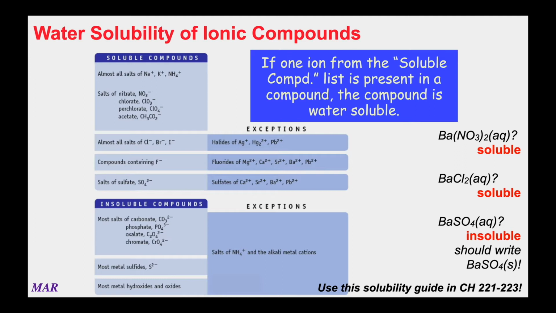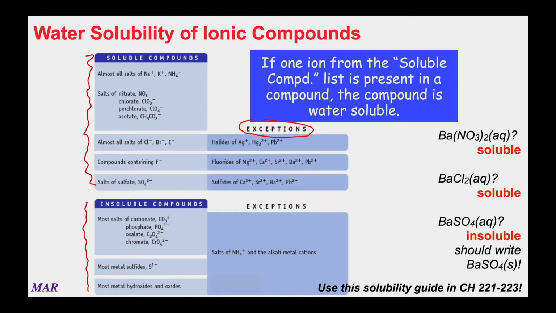And if you look at this table, here on the upper left-hand side, those are all things that are water soluble. So you would write AQ next to them, which means they dissolve in water. But there are some exceptions on the right-hand side, and we'll talk about those. Further down the chart, on the lower left part, all of these are insoluble.